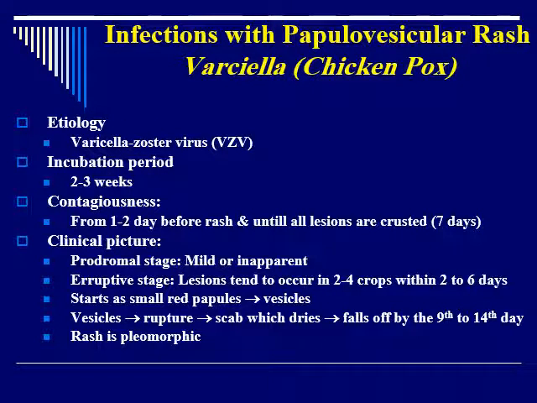So the two pathognomonic signs of varicella are centrifugal distribution of the rash and pleomorphism of the rash.